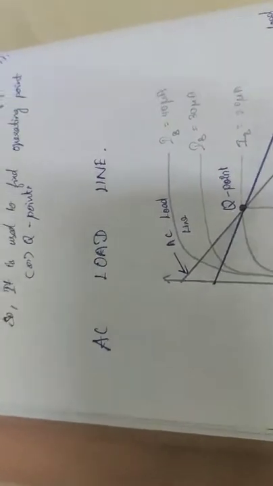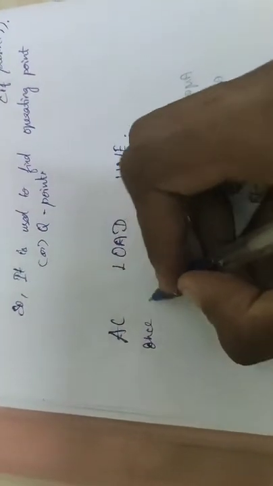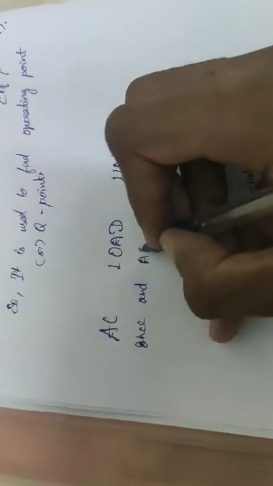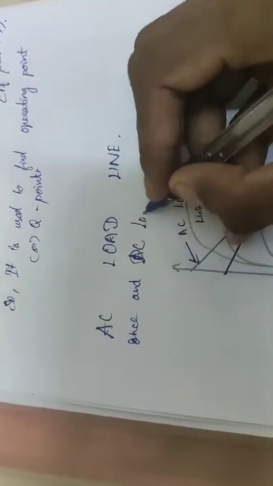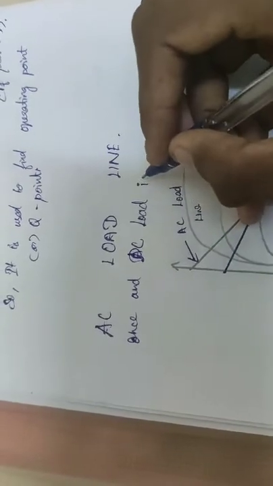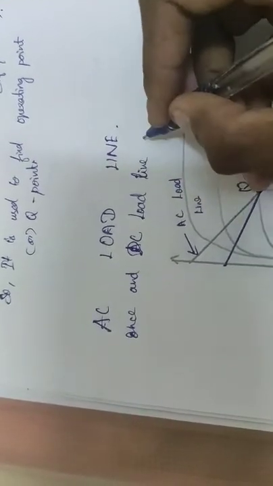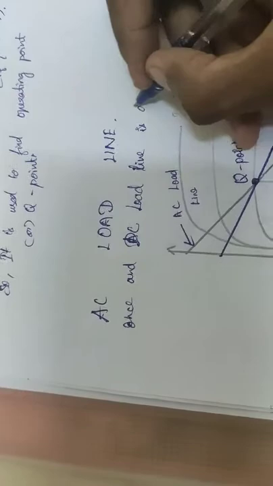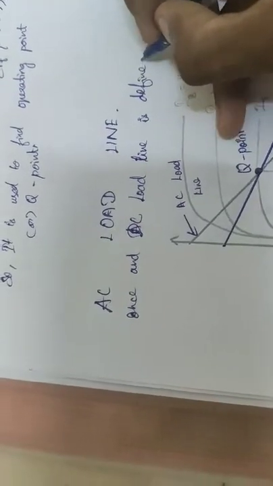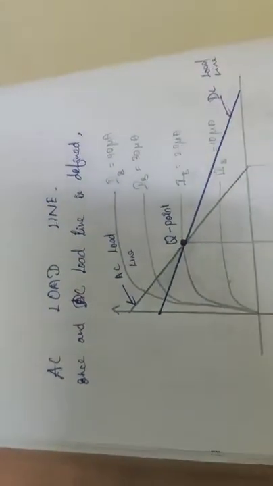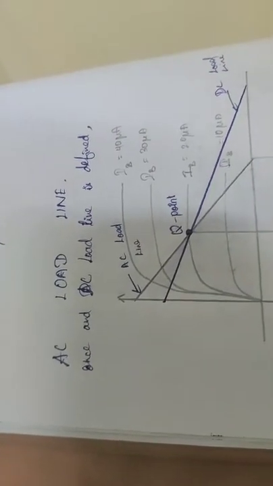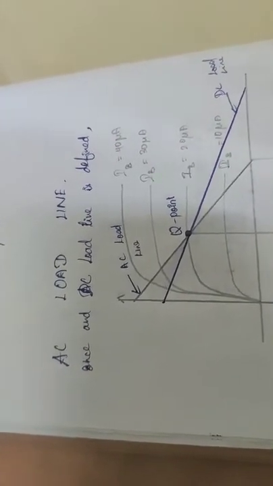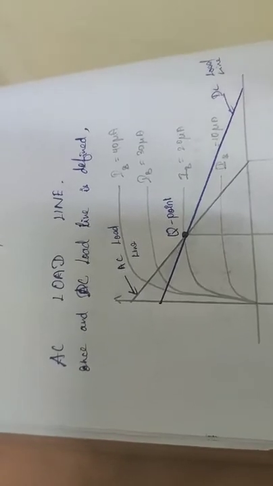Once a DC load line is defined for a circuit, an AC load line is simultaneously defined. How? Because the Q point plays a major role.